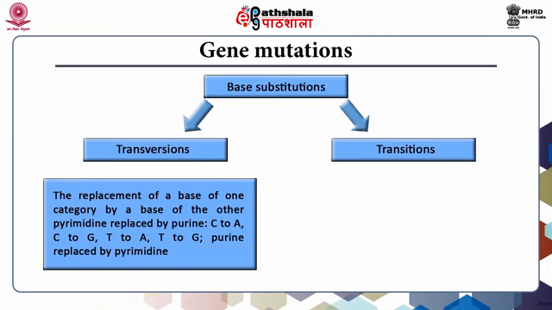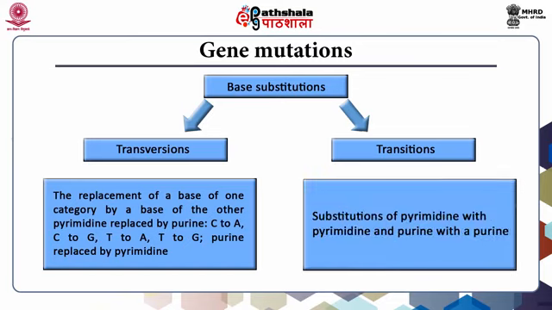For instance, pyrimidine replaced by purine: C2A, C2G, T2A, T2G, or purine replaced by pyrimidine. The second subcategory of base substitution is transitions. In this case, a pyrimidine will be substituted by a pyrimidine only or a purine will be substituted by a purine only.